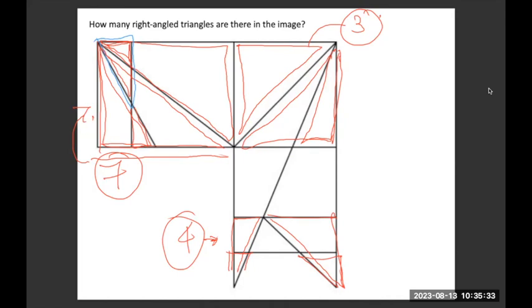Let me change the color and the thickness so it's legible for you.